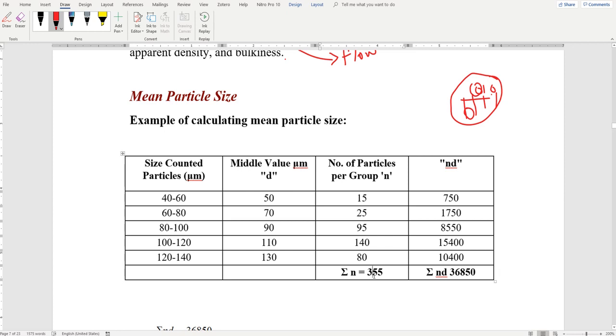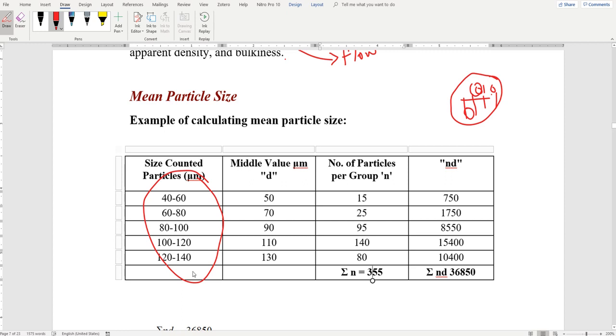Now, an important thing in the process when you look through the microscope into particles and start measuring is to classify particles into different size ranges. Look here, we have size ranges: 40 to 60, 60 to 80, 80 to 100, 100 to 120, 120 to 140.